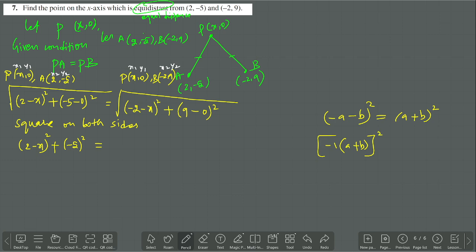Then when I apply the square, it is common for both minus 1 and the bracket a plus b. When I square negative, it becomes positive, so a plus b whole square. Do you understand how we are getting this? There is a negative for both, so you can use a plus b whole square directly. Do you understand what I am telling?